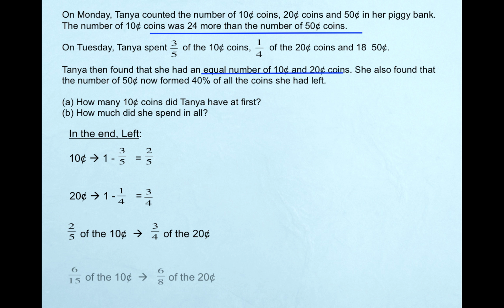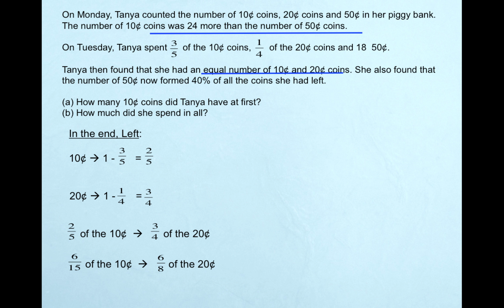We make the numerator the same. We equalize them, because in both cases, the number of 10 cent and 20 cent coins left are the same. They are not saying that she had the same number of 10 cent and 20 cent coins at first. So don't get confused. Look out for the other tutorial on equal fractions, where I will explain in more detail.